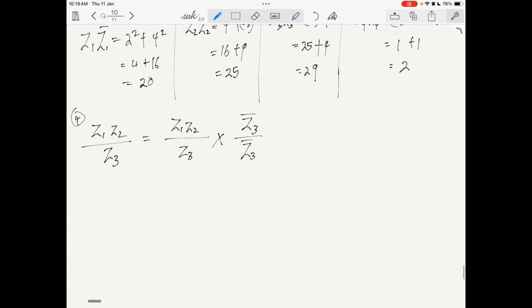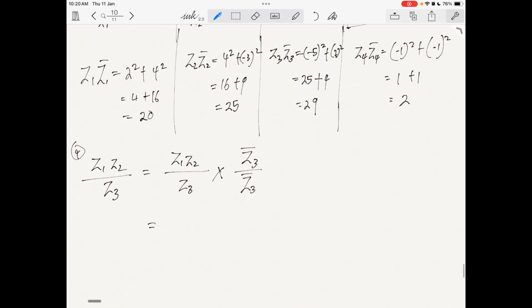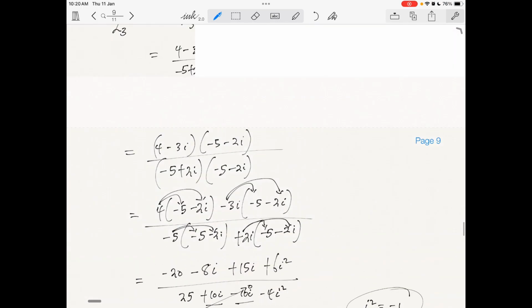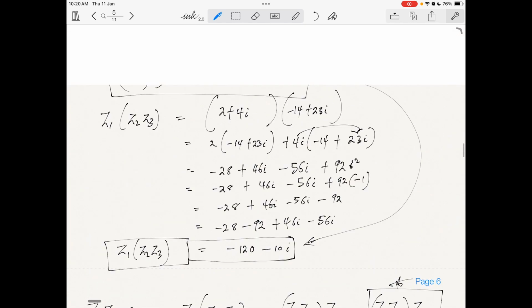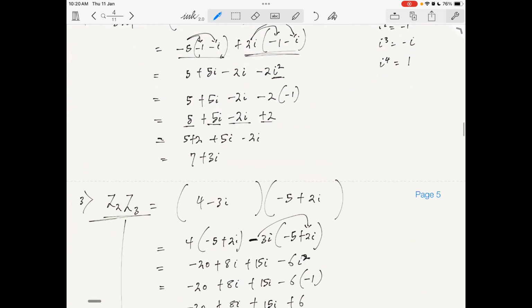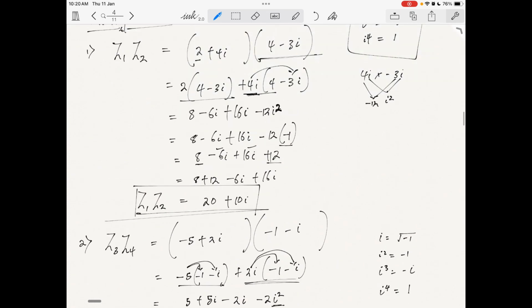So having done that, then we have to evaluate our z1 z2. Since we know z3, that's good. Now since we have evaluated z1 z2 before in our previous video where we talked on multiplication of complex numbers, let's check. We realize that our z1 z2 is 20 plus 10i.